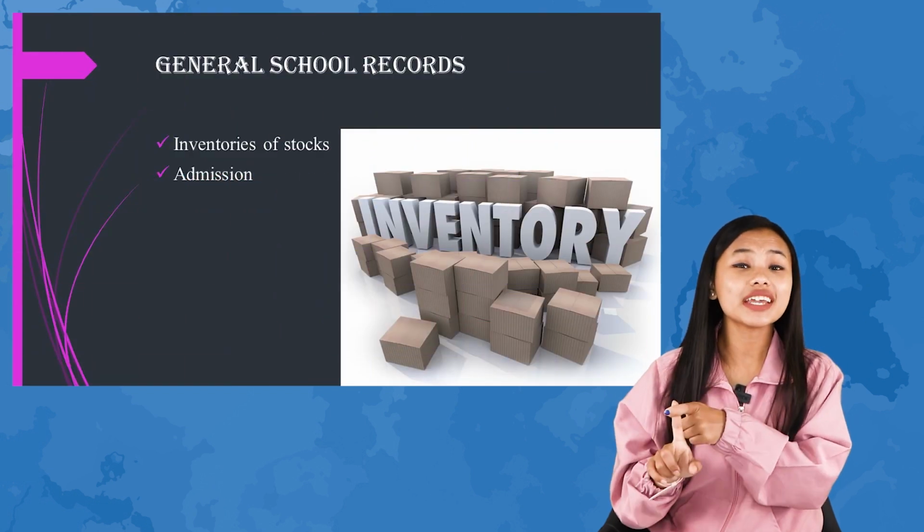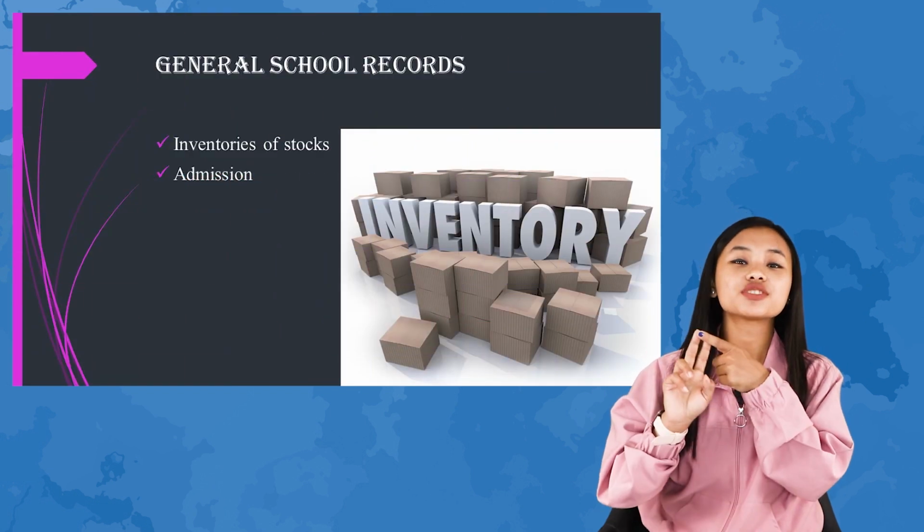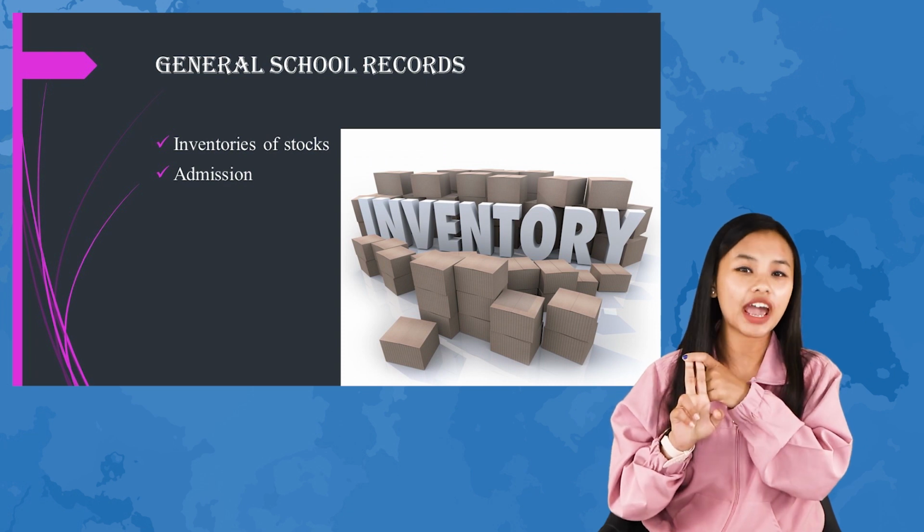It should also contain the inventories of stock as well as the number of admissions. So these are the various things which should be included in the general school record.